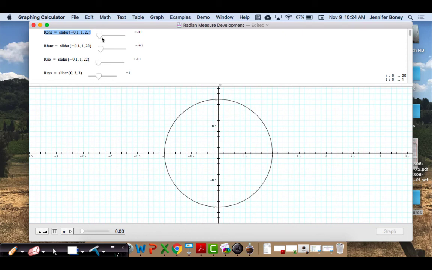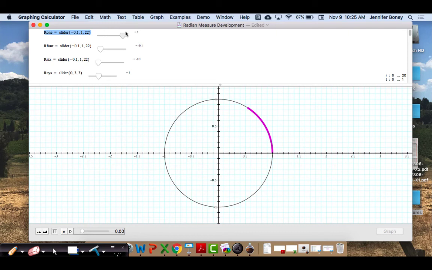Just in terms of a radian measure, 1 radian is the same length around the arc of a circle as whatever that circle's radius is. So 1 radian measure, arc length-wise, corresponds to 1 radius length.